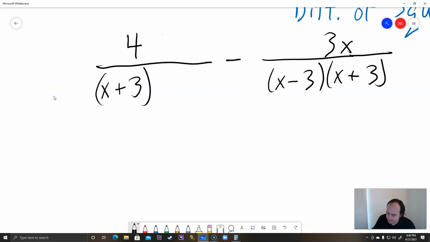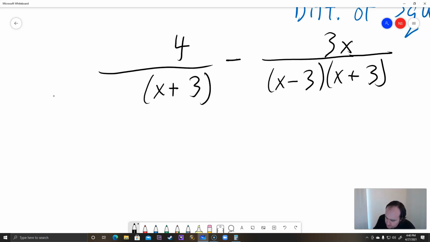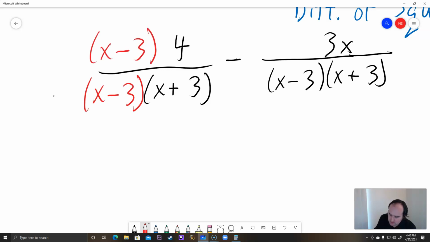So that's what we're missing. So actually, let me rewrite this so it looks better. Okay, so this one was 4 over x plus 3. And since we're missing an x minus 3, we're going to multiply the top and the bottom by x minus 3. Okay?